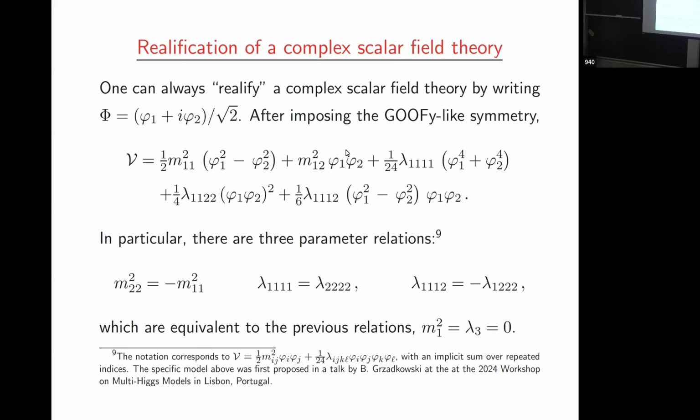Notice that the square mass parameters are like that. So this tells you that there's going to be spontaneous symmetry breaking. Normally, I was not aware of a theory where spontaneous symmetry breaking was being mandated by a symmetry. But it seems to happen here.